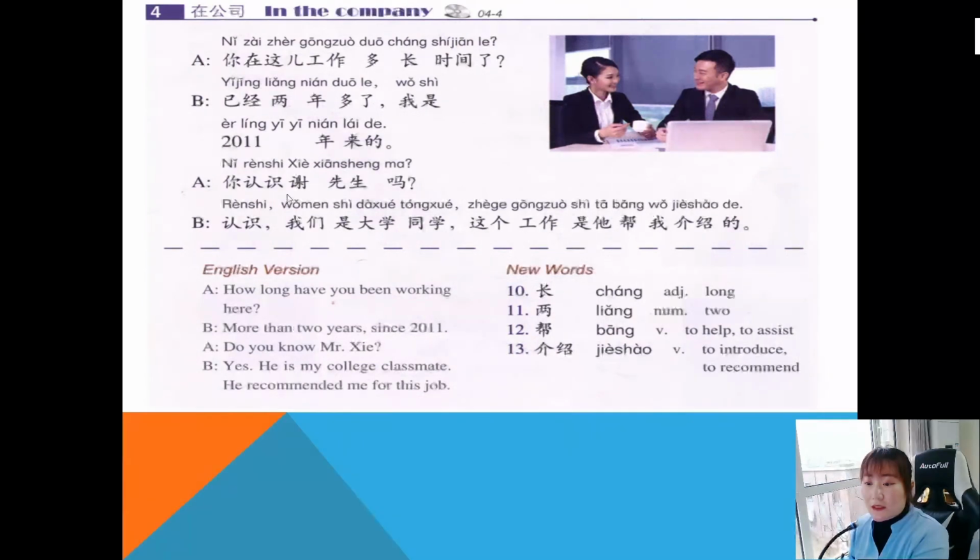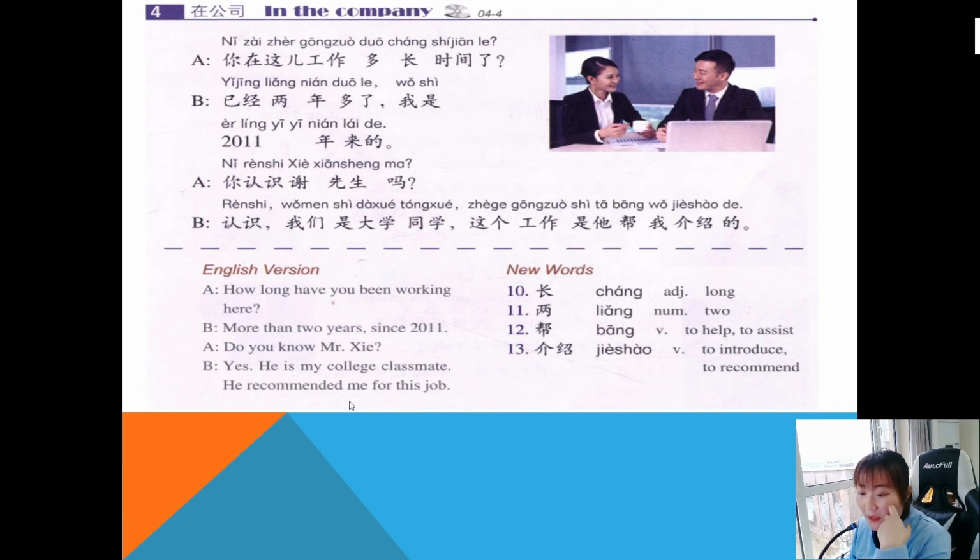This one, 你认识谢先生吗？认识 So do you know Mr. 谢？认识 Yes. 我们是大学同学 He's my college classmate. 这个工作是他帮我介绍的 So translate this sentence, 这个工作 means this job 是他帮我介绍的 is recommended by him, right?